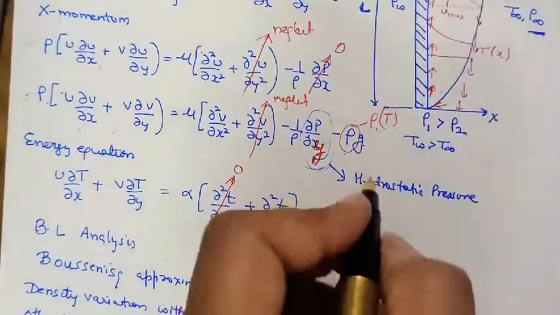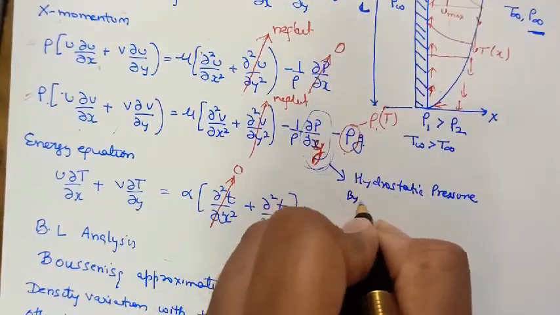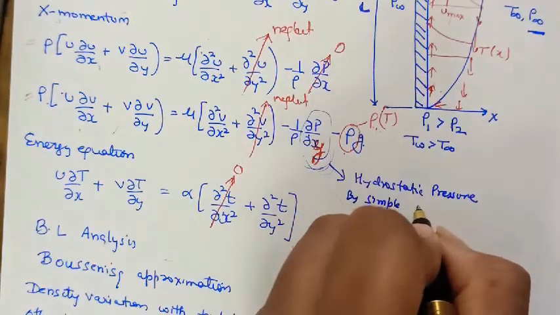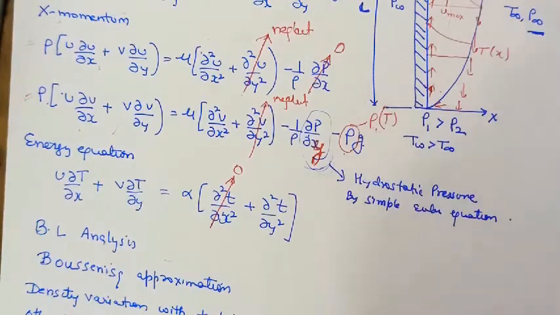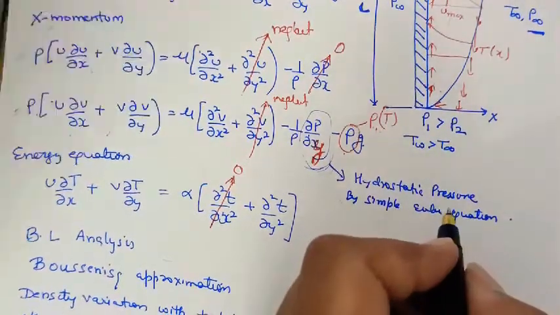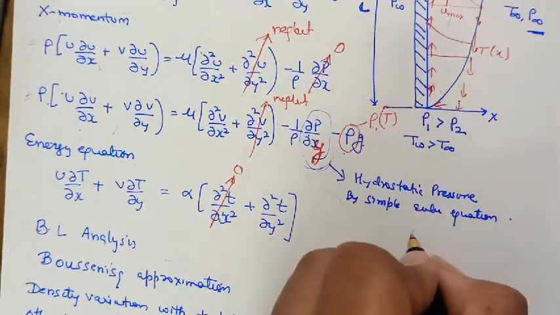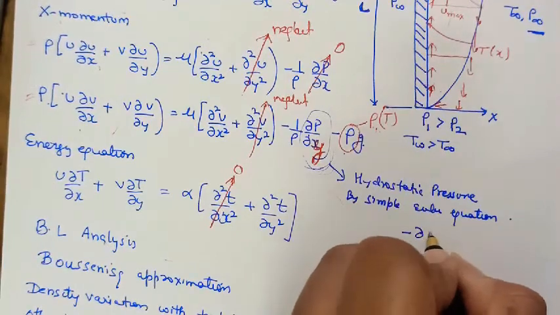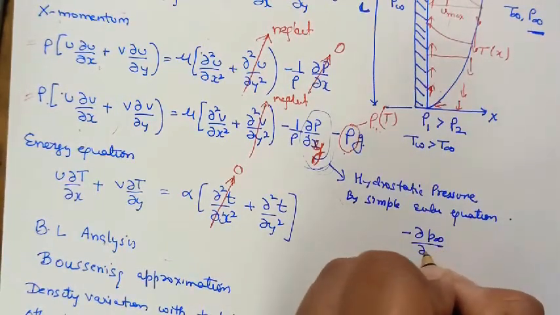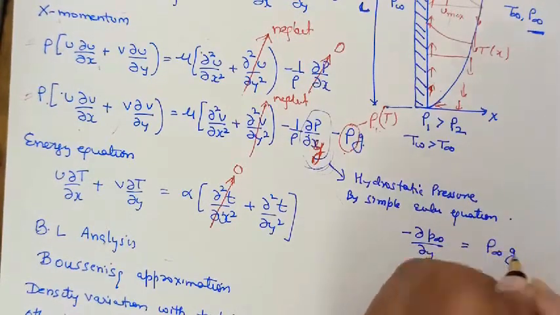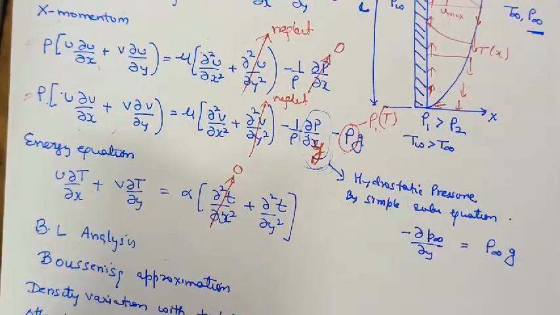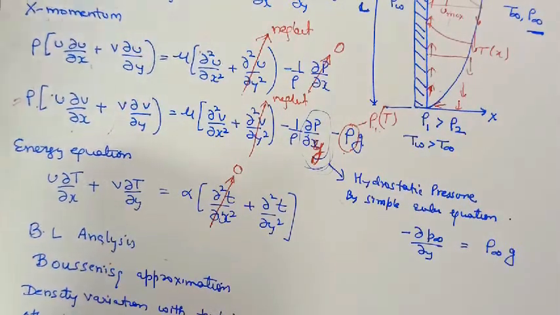And this can be solved by simple Euler's equation, right? And as you know that the hydrostatic pressure is equal to this, right?